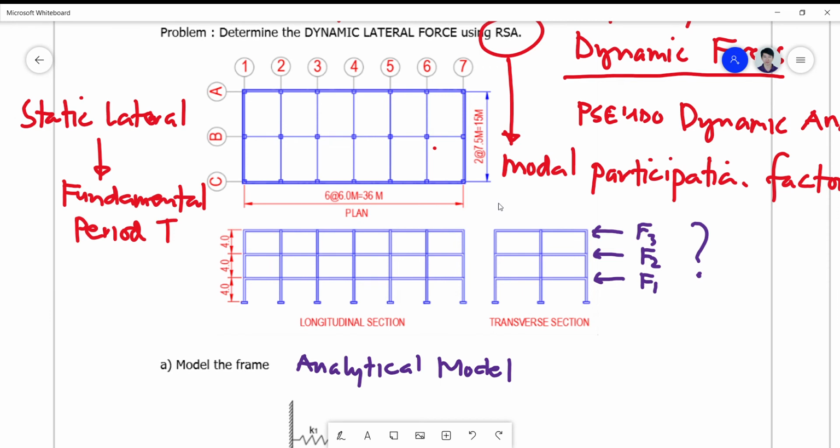Okay, so we have all in all 21 columns. Okay, so we are analyzing the whole frame, and we are actually computing F1, F2, F3 based on the whole weight of the building.